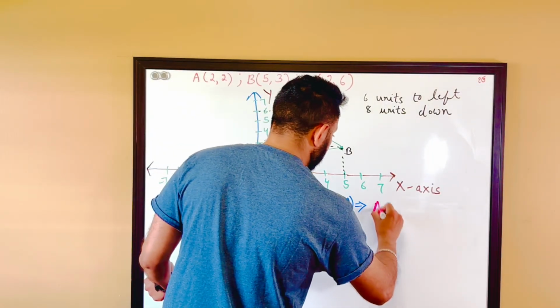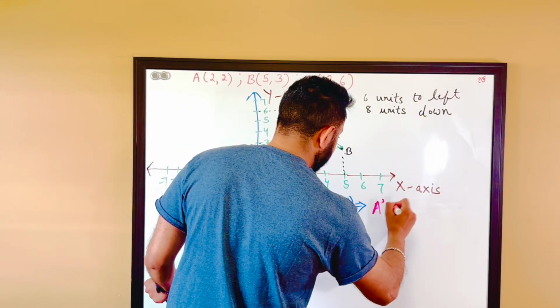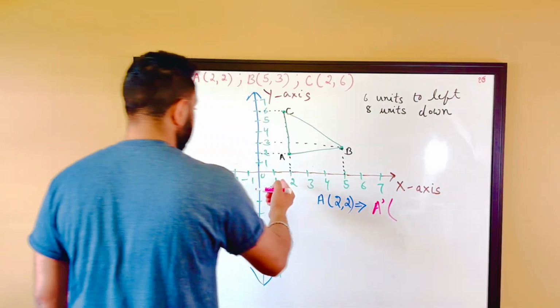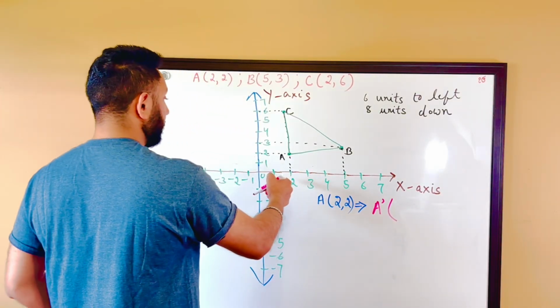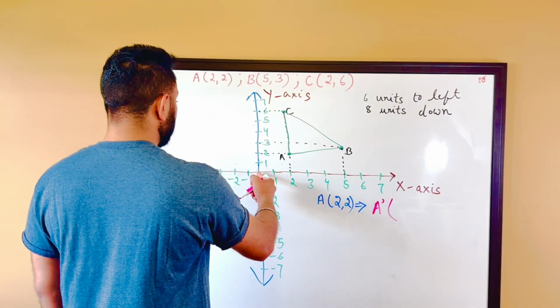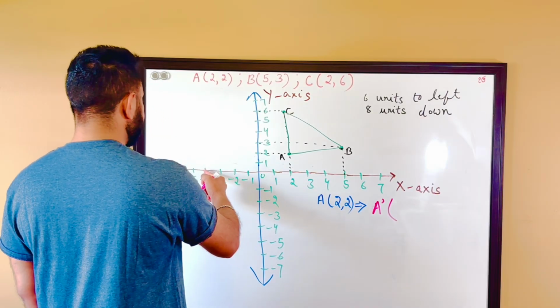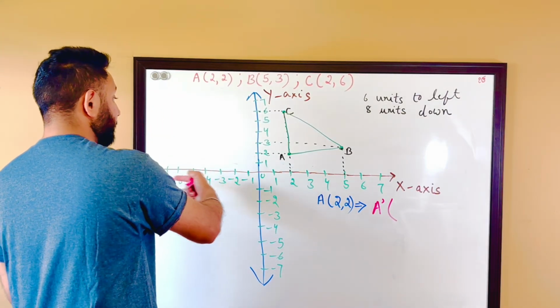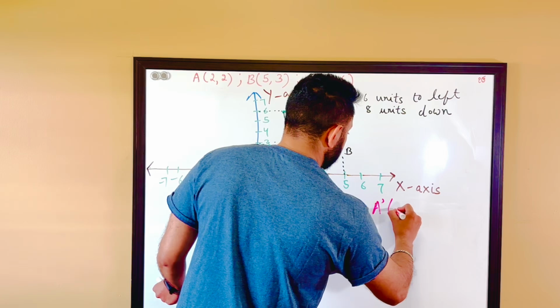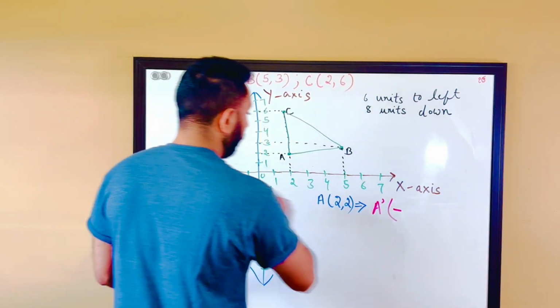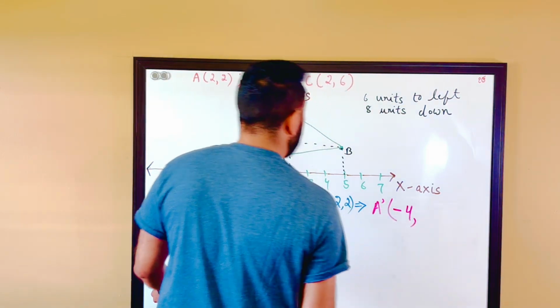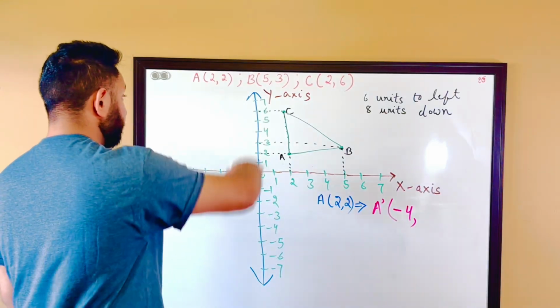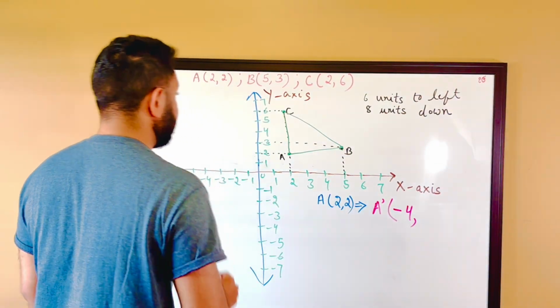So our new A coordinate will be A dash. So we are here, 1, 2, 3, 4, 5, 6, so 6 units to the left. So here -4, and 8 units down, so that means we are going towards the negative y-axis.